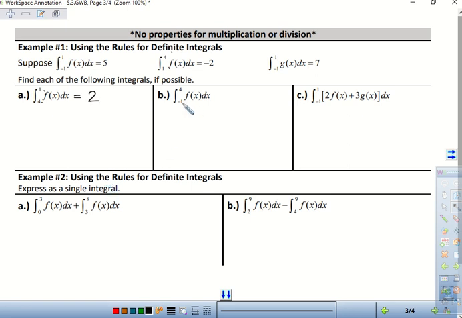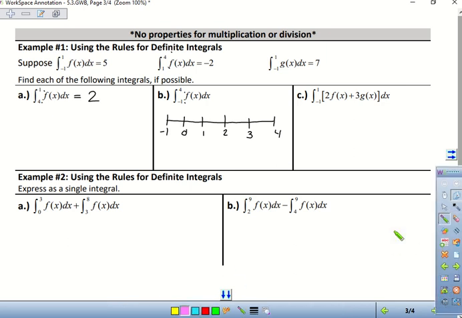Now on this one, we're going all the way from -1 to 4. So I'm going to make a number line to represent this scenario. So I'm going from -1 all the way to 4. Remember, we're using f of x only here, so this one's not even going to come into play.